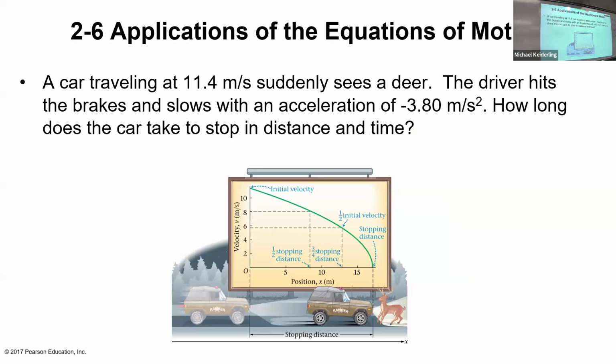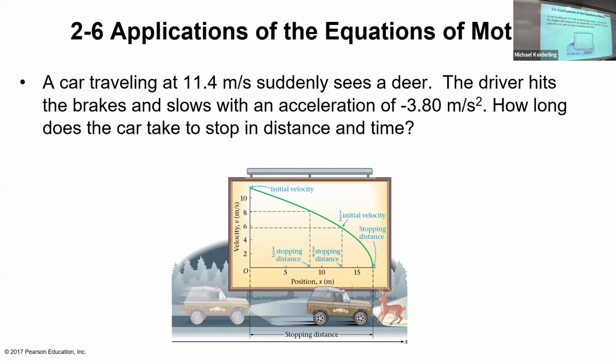So here, you're in a car traveling at 11.4 meters per second, and you suddenly see a deer, and the driver hits the brakes, and the driver will slow with an acceleration of 3.8 meters per second squared. So how long does the car take to come to a stop in both distance and time?